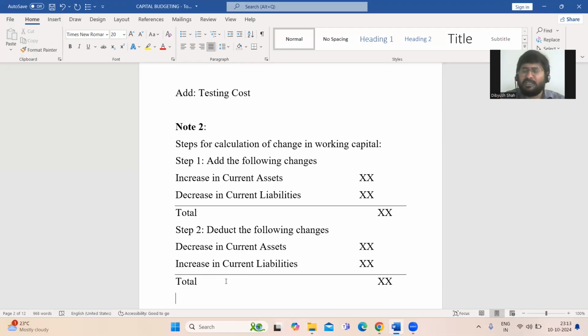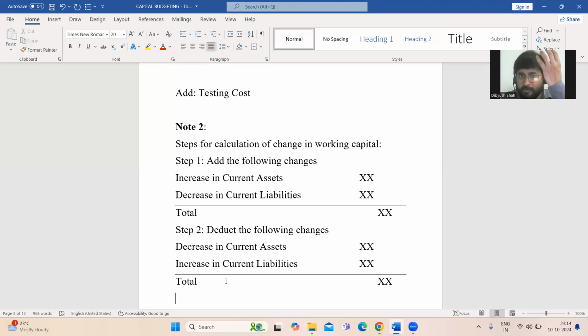So if you are increasing investment in current assets or you are decreasing investment in current liabilities, your working capital requirement will go up because the formula itself is current assets minus current liabilities. So if your current assets go up, your working capital requirement goes up. But if your current liabilities come down, then also your working capital requirement goes up.